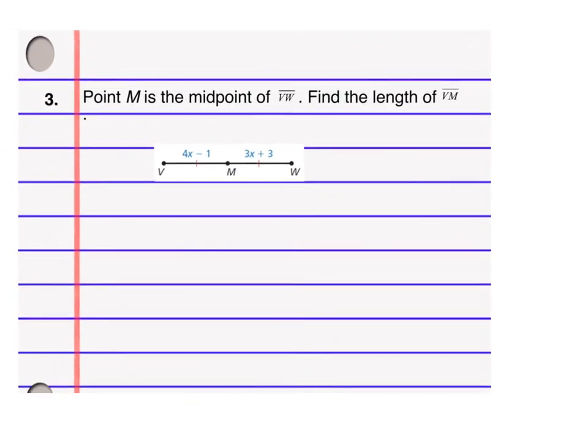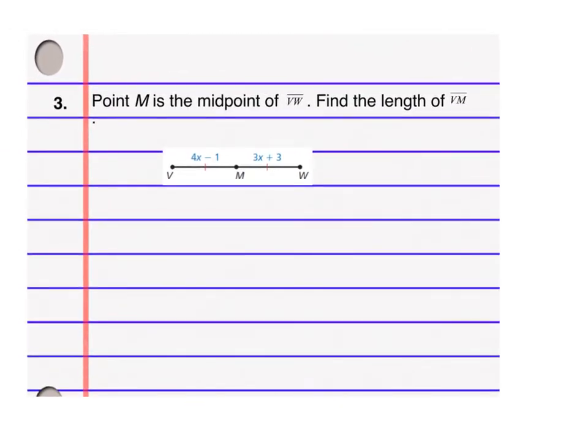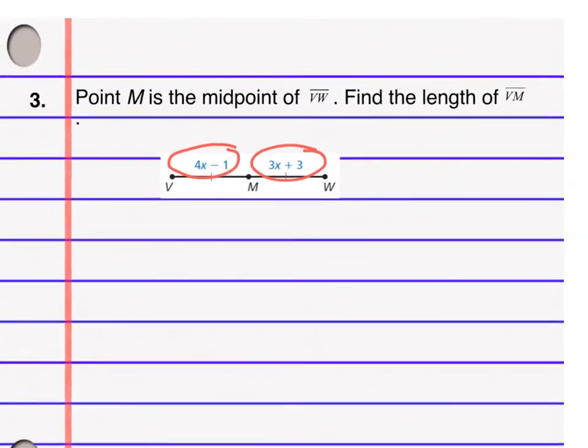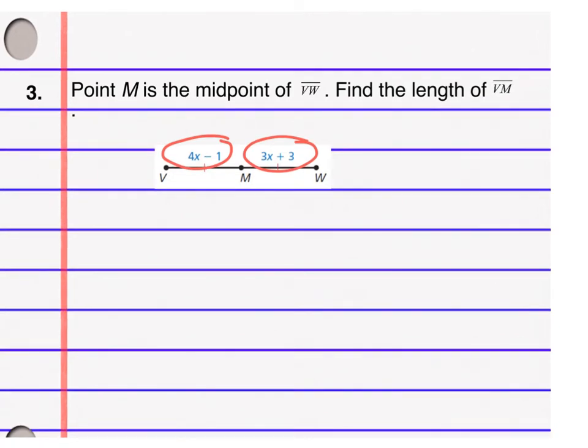All right, now we're going to add in some algebra. So go ahead and set up your problem. Point M is the midpoint of VW. Find the length. So M is the midpoint, so I know that these two line segments are congruent or equal. So they have algebra. I don't know what they are, but I know they're equal, so I'm going to go ahead and set them equal to each other.